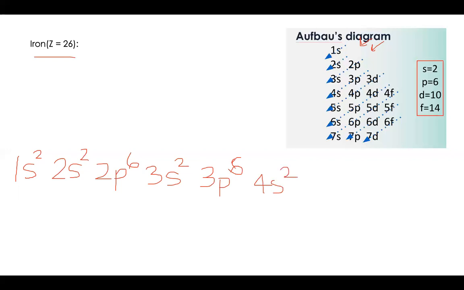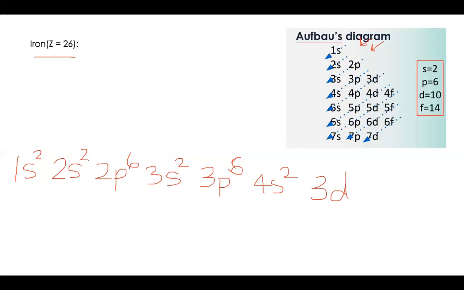So we have 6, 8, 10, 16, 20, 22. And then after 4s, we have 3d, and let's see how many electrons we have to complete it.